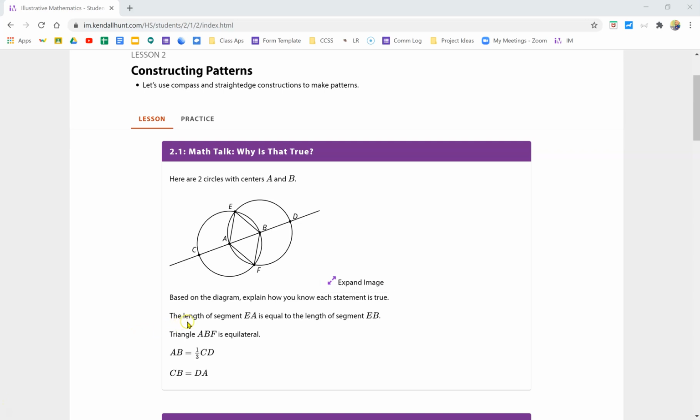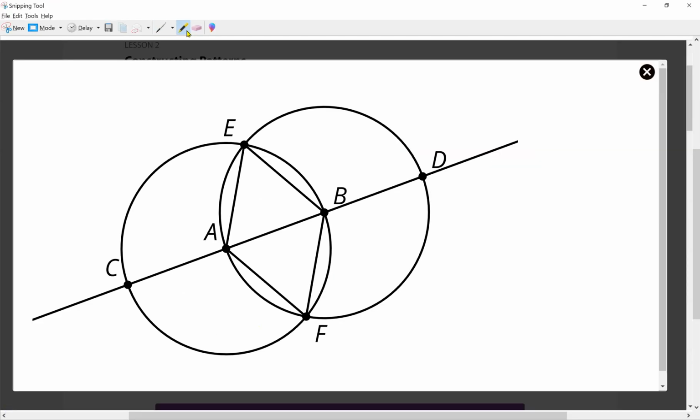The first statement says the length of segment EA is equal to the length of segment EB. If we take a look at this segment EA, that's that segment right there. Notice that that is a radius for circle A, and EB is a radius for circle B. Also notice that this line connecting the 2 is a radius for both.